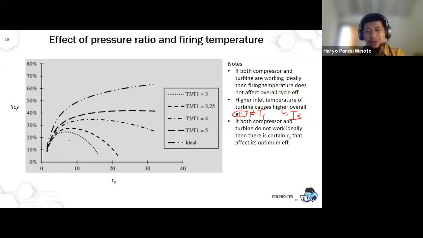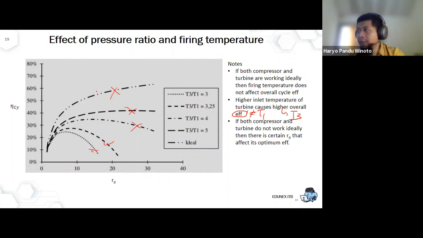Just correct me if I'm wrong. Maybe not all of them, maybe just one. So you can operate the turbine at your optimum range and keep your pressure ratio.